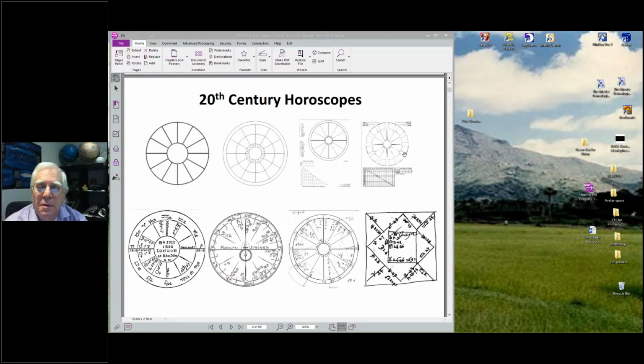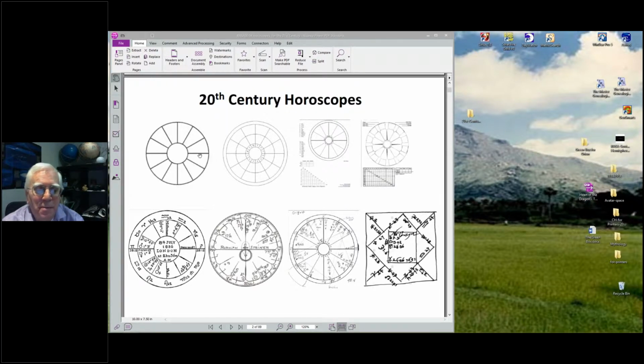This is the fourth chart on the right-hand side. Again, it has the houses on it, made a little more graphic, like a flower, with a position to put the degrees of the house cusps around it, and the aspectarians down below.